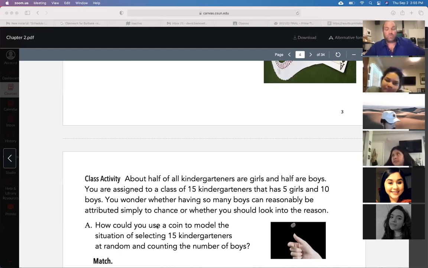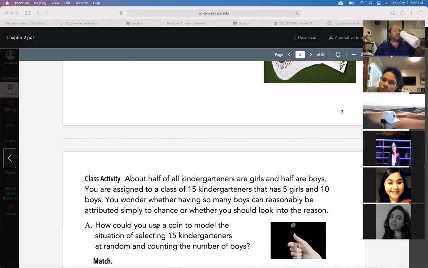Yes, 50-50. What would the simulation be? If it's a heads, what would that be equal to? Maybe girl. Okay, so let's say heads means that child is a girl, and tails would mean that child was a boy.